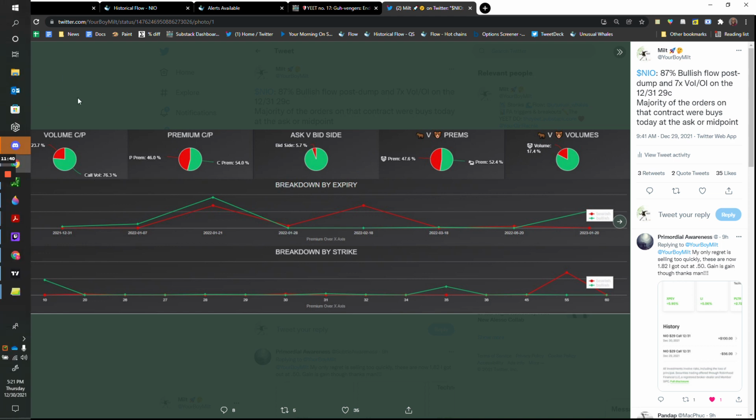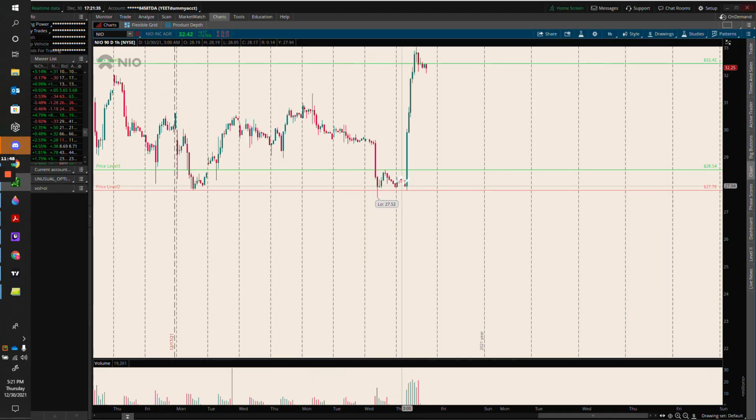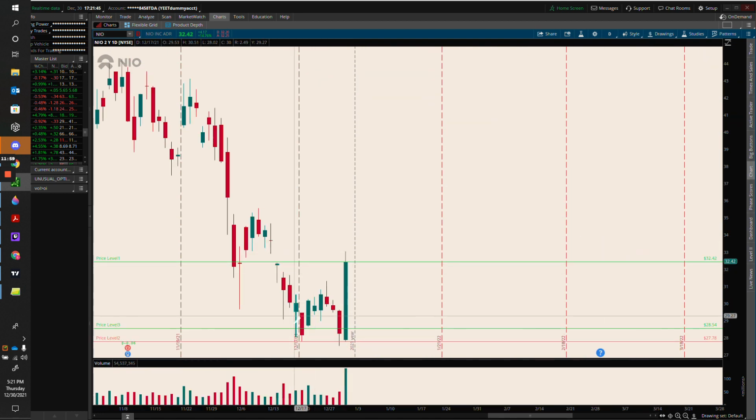The other thing that I saw were the technicals that align with that flow, in that we see the 28 acts as a level of support, and that's where the stock gets bought up. When it hit there, the 29 calls went just absolutely crazy. We could probably also see here on the daily, same thing, support at 28.